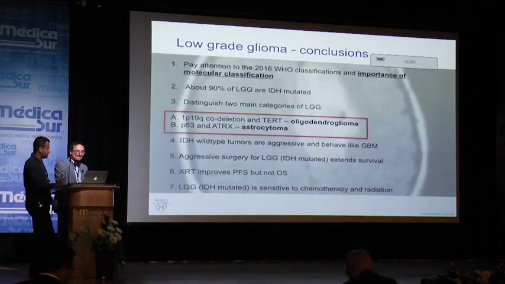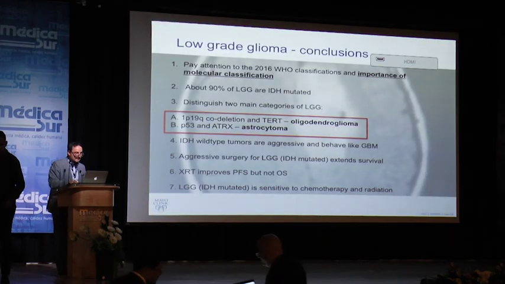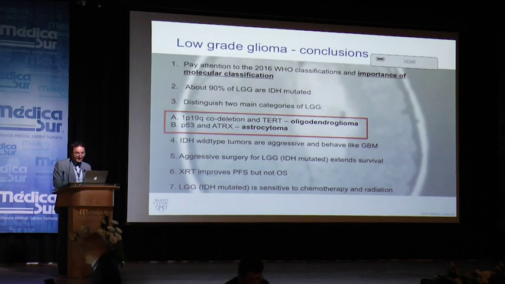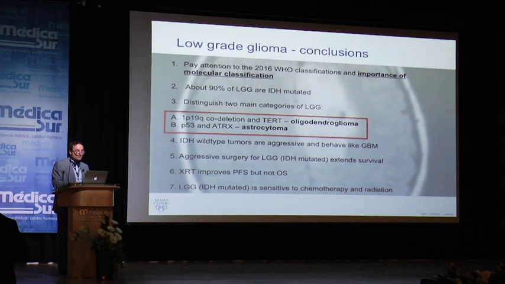IDH wild-type tumors are aggressive and behave like GBM. Aggressive surgery for low-grade gliomas is definitely mandatory. Keep in mind that radiation improves progression-free survival, and the decision about using radiation is very individual, early versus late. And also keep in mind that chemotherapy now is a mainstay of treatment for low-grade gliomas.